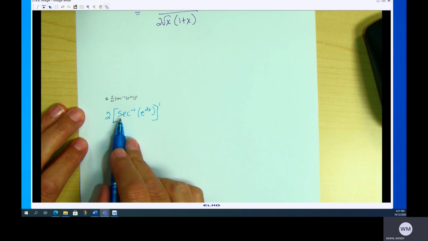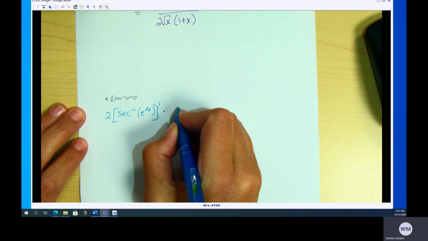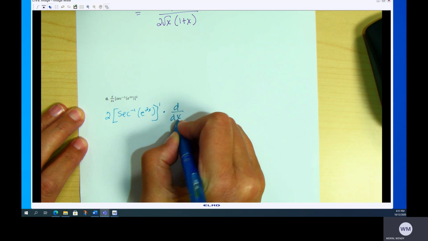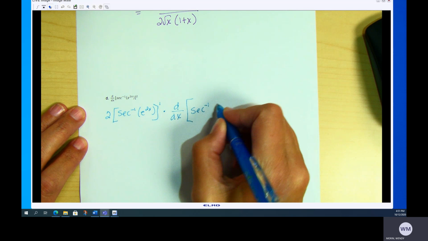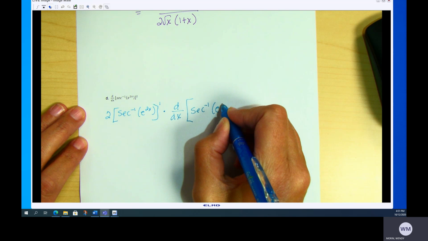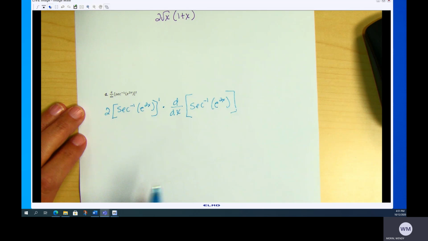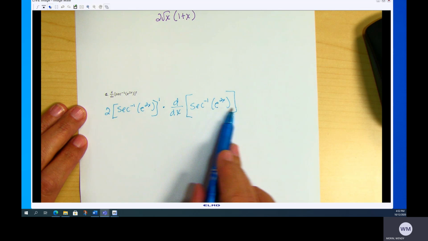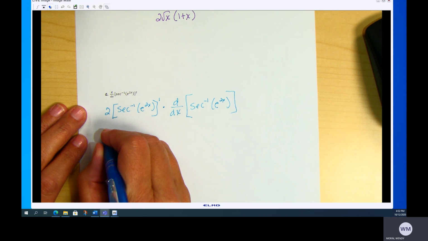So it's 2 times our u raised to the first power times the derivative of our u, which is inverse secant of e to the 2x. So all of that is our u. So we already did this, so let's just carry that down with us.